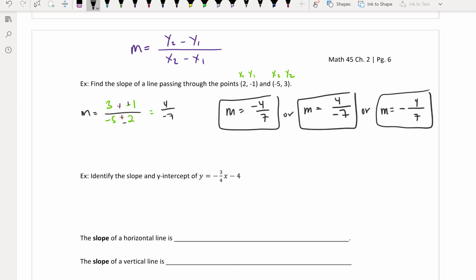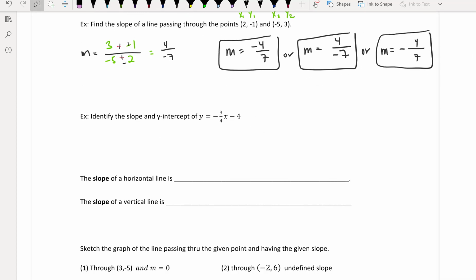Okay, so for the next example, it says identify the slope and the y-intercept of this equation. So hopefully you remember that y is equal to mx plus b. So we just figured out that the m would be the slope. So that would be the thing in front of the x, okay? And the other thing that we know is our b value.